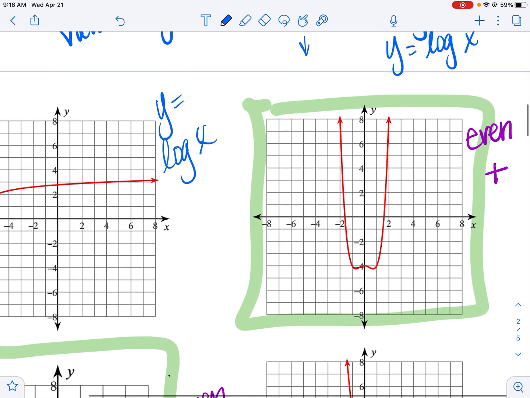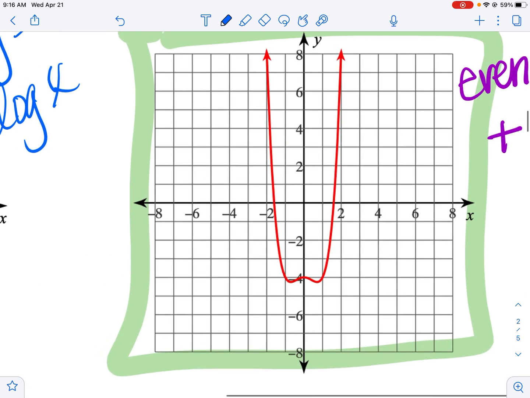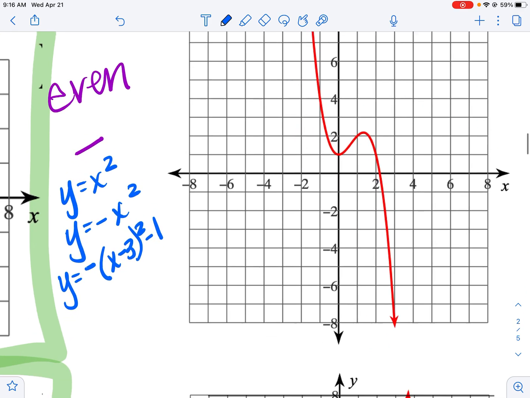Now, what about the other two evens? Well, this has an extra bump. So this tells me it is y equals x to the 4th. Because every extra bump you add, we increase the exponent one more step.